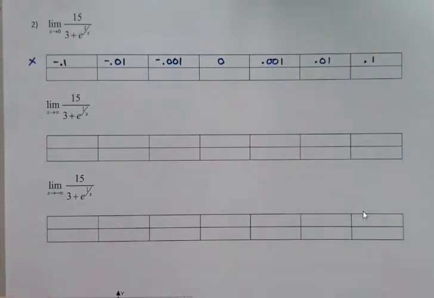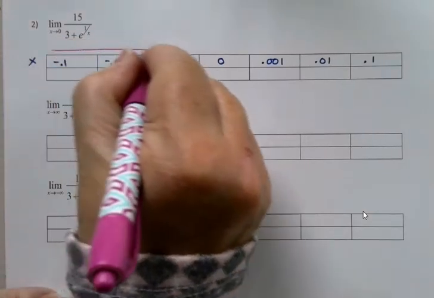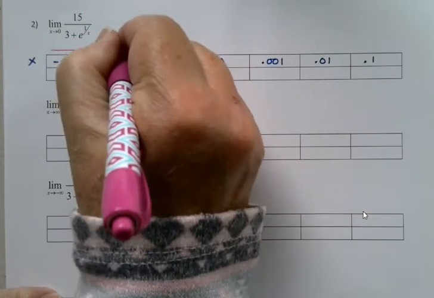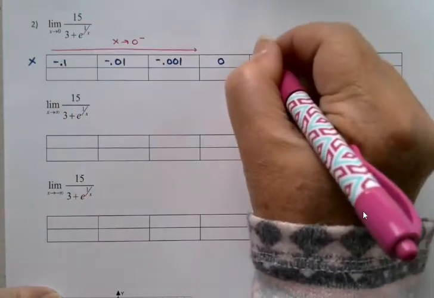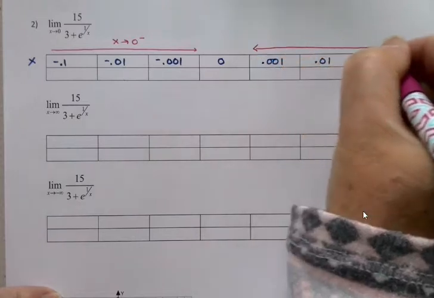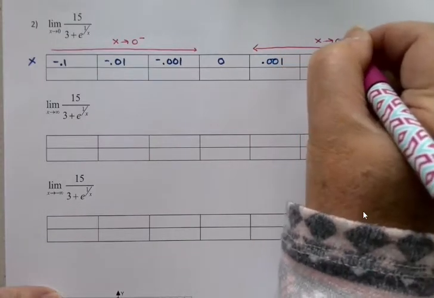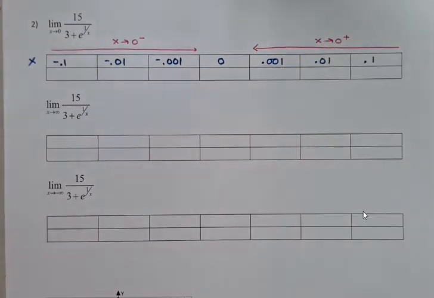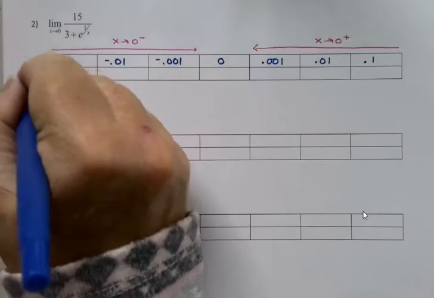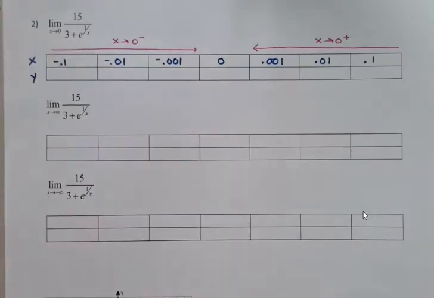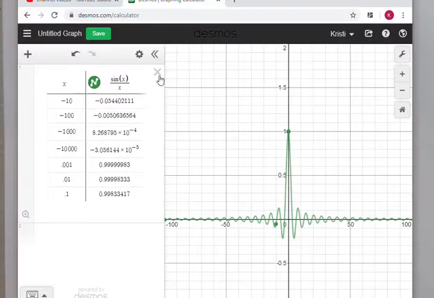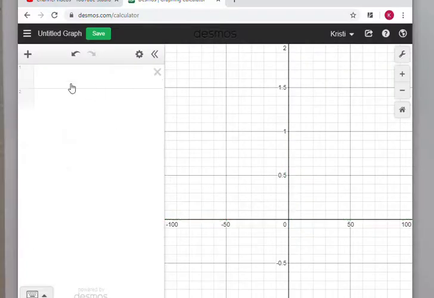So I'm letting x approach 0 from the left, and I'm letting x approach 0 from the right. Let's see what happens to the y values in this case. And once again, I'm going to use Desmos just to give us an easy, quick way of filling in our chart.